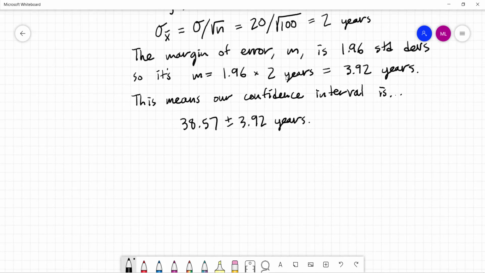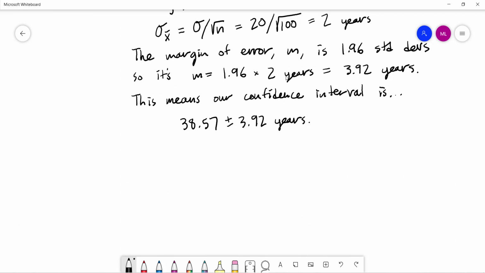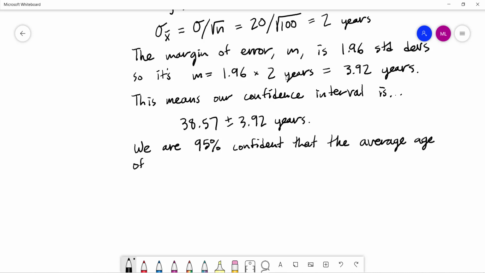And so the actual interval, if we write out the lower bound and the upper bound, what we would say is we are 95% confident that the average age of a US citizen is between, so if I do my subtraction first, 38.57 minus 3.92, I get 34.65. And if I add 3.92, I get 42.49.